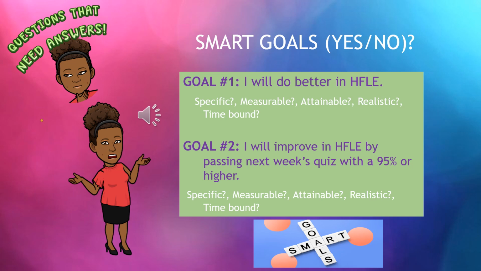Was it measurable, attainable, realistic, and did it have a time bound? It sure did. You will improve in health and family life education by passing next week's quiz with a 95% or higher. Give yourselves a pat on the back if you did well.